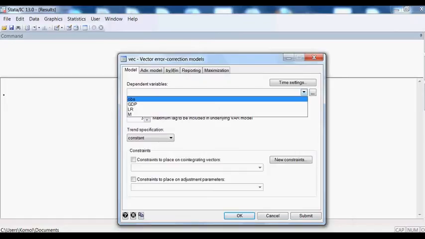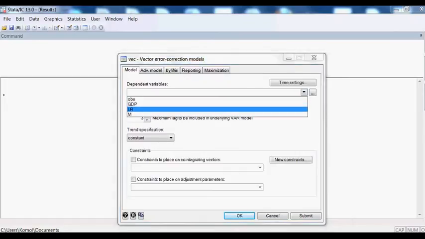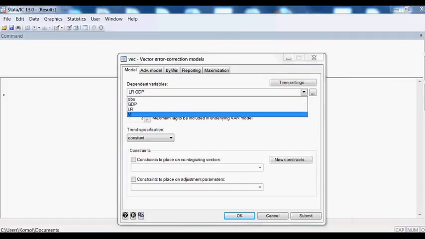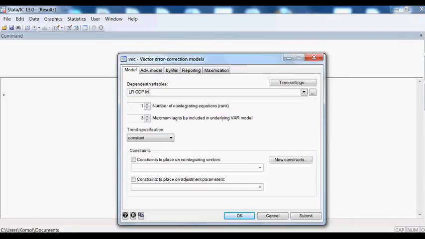For the dependent variable I put LR first, intentionally, then I put GDP, then I put M. So that is my model, and LR is the dependent variable, and this one is actually our error correction model.